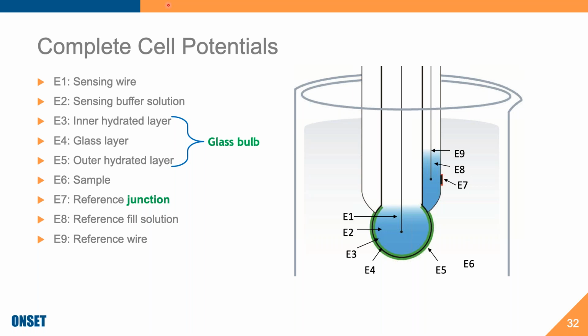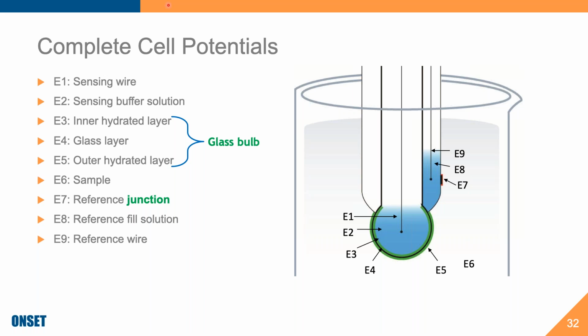So the pH electrode and meter and so on comprise one whole system of cell potentials. And you have basically 9 different cell potentials in your electrode as well as in your sample. And then the 10th would be your meter's internal electronics, essentially, that would be adding to the potential.